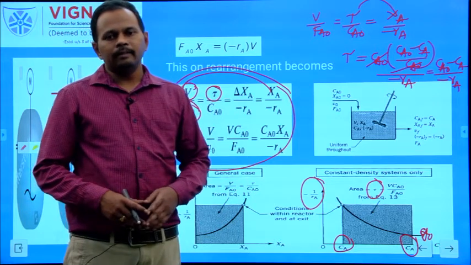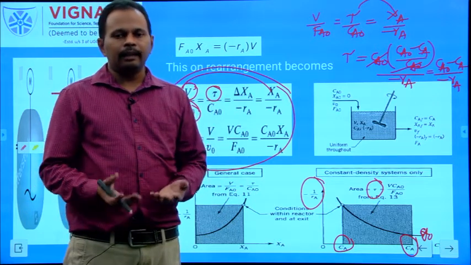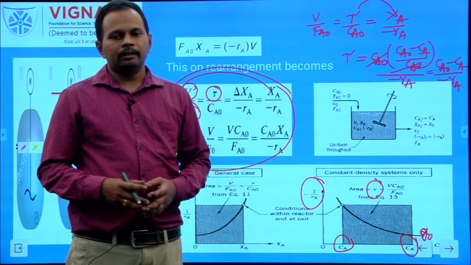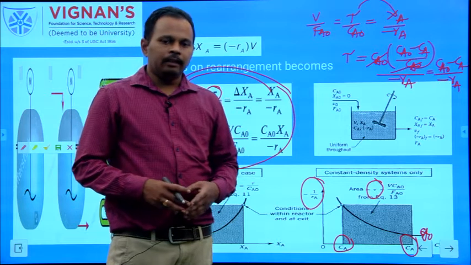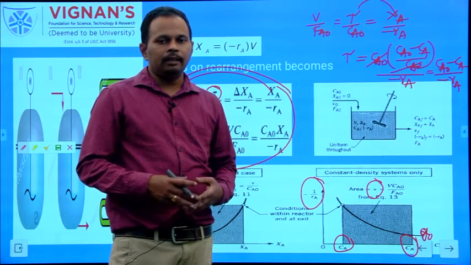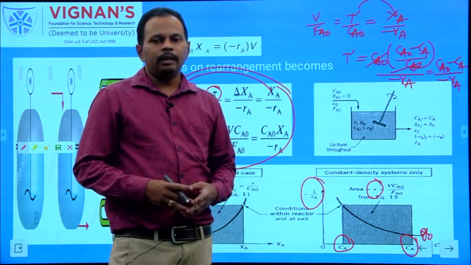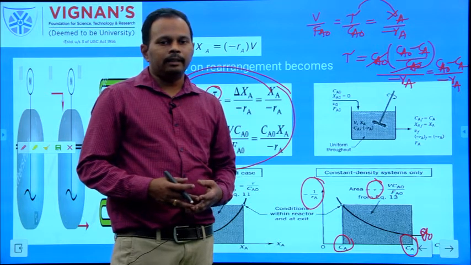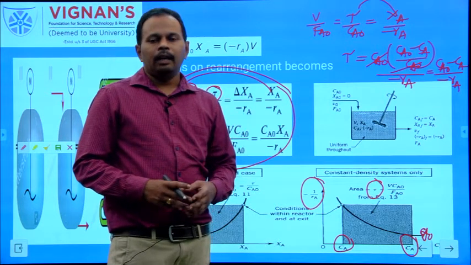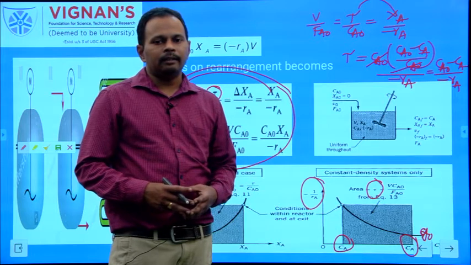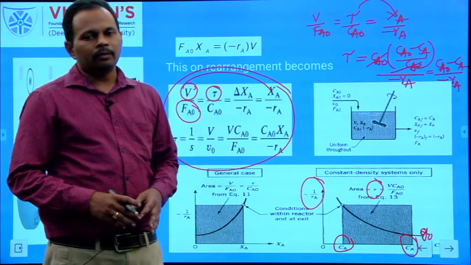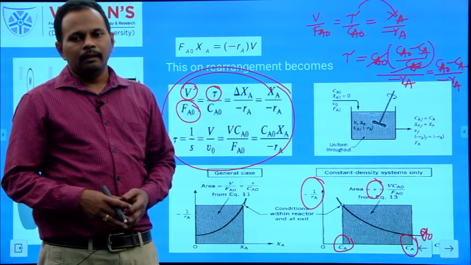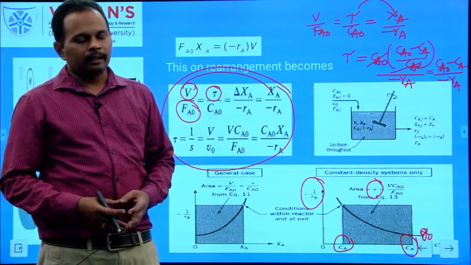For a given reaction, you can find out the size of the reactor required. That means at a given space time you can find out the conversion of the reactant, or the concentration of A left within the reaction mixture after certain time t, or the rate of disappearance of the reactants as a function of the reaction time. So if you know some of these quantities, you can calculate the other one automatically.